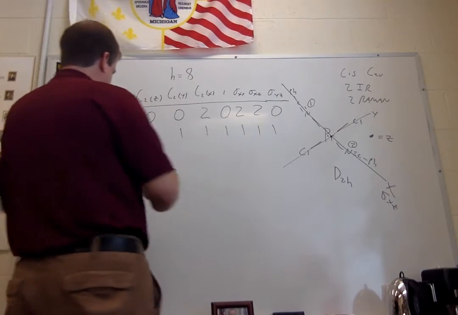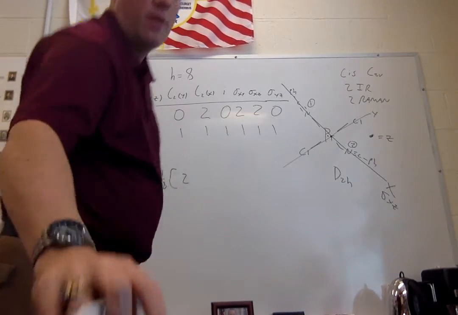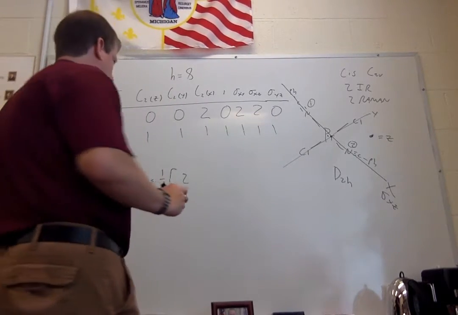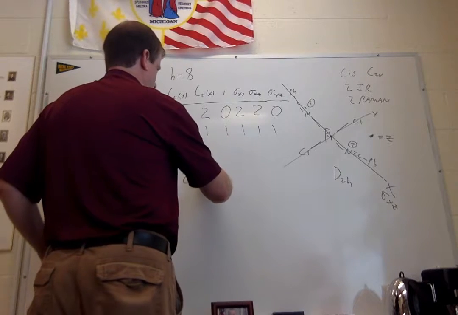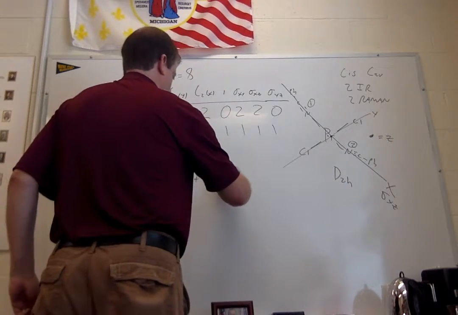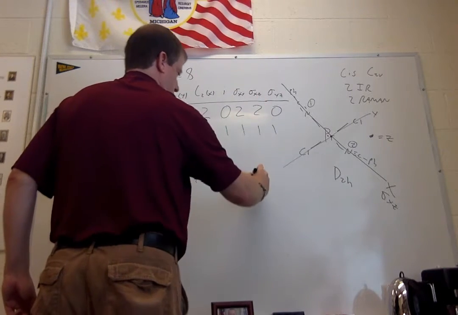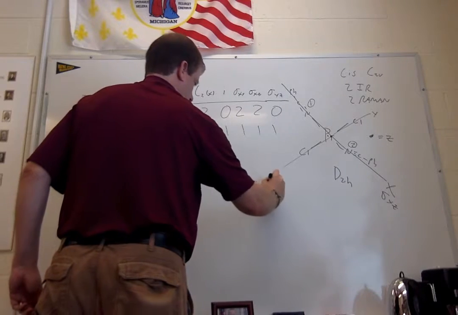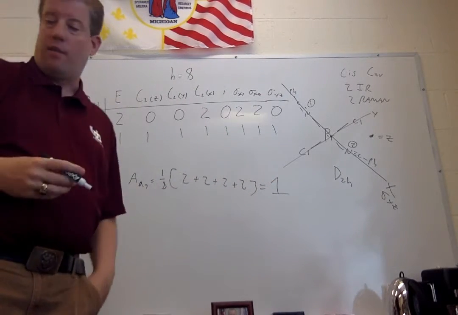And so we're going to get 1 times 2 times 1, or 2. 0, 0. 1 times 2 times 1, or 2. Another 0. A 2 for here. A 2 for there. And a 0 for the other one. And so the contribution for Ag is 1.